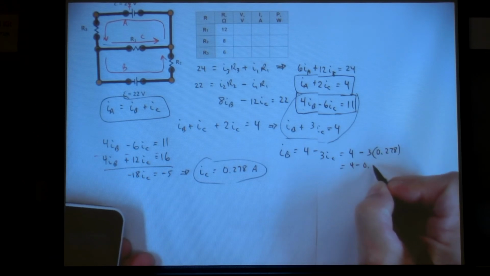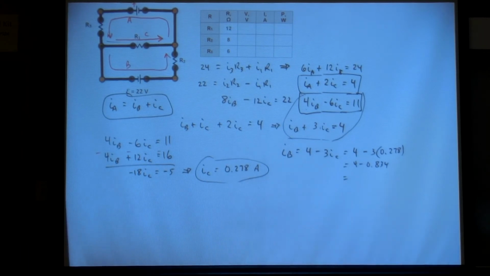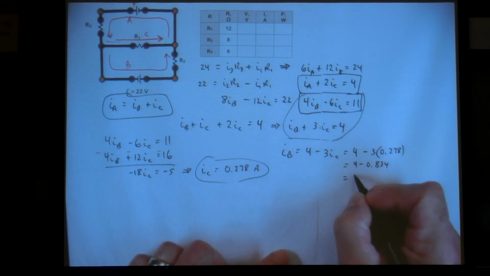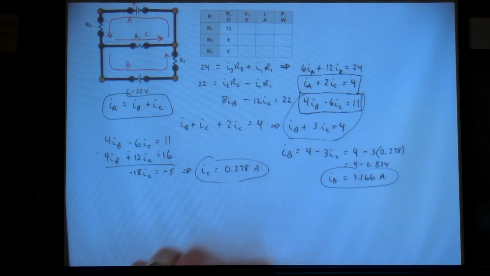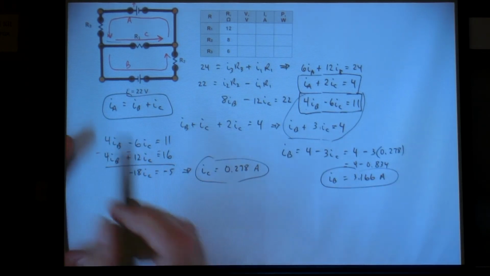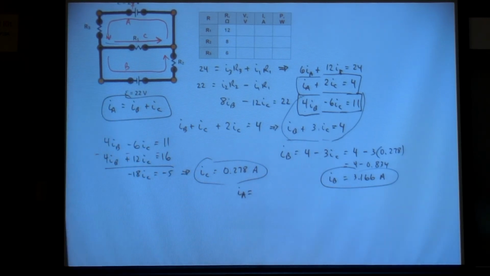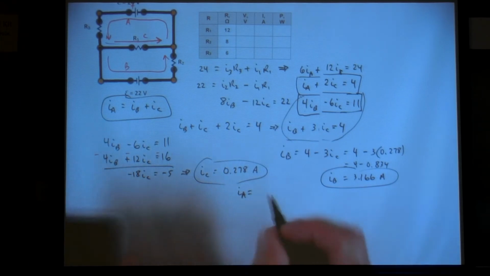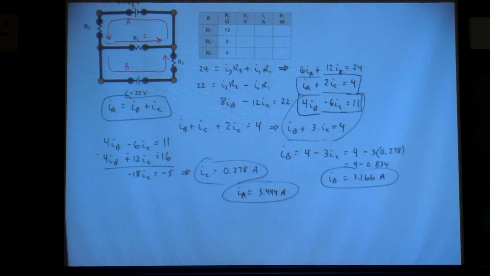So 4 minus 0.834 is 3.166, and that's current B. And now that I know C and B, current A is B plus C. So current A is 3.166 plus 0.278 is 3.444. Now I know all three currents.